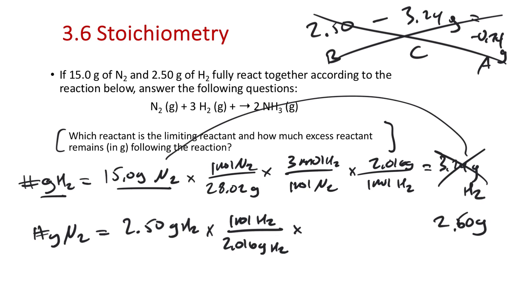So grams to moles for hydrogen. For every 3 moles of H2 that react, we need 1 mole of N2 to be present to react with it. And molar mass of N2 is 28.02 grams.